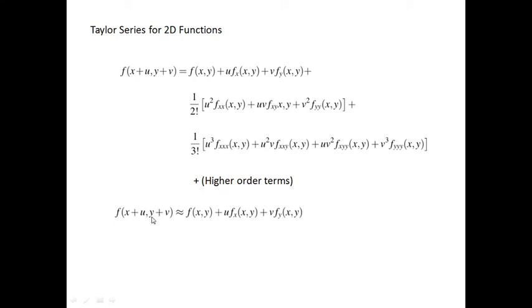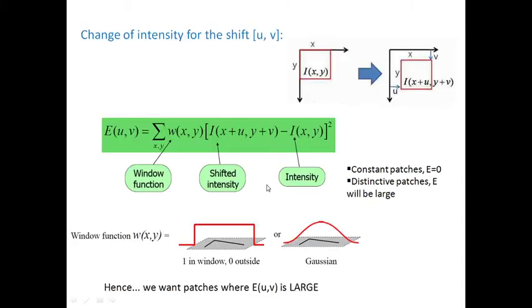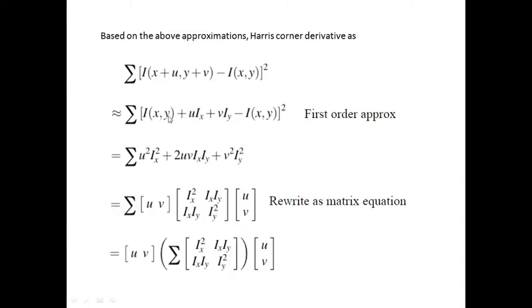Now just substitute this expression in the given form. So I of x plus u comma y plus v can be written as I of x comma y plus u Ix plus v Iy, minus I of x comma y, whole square. This is based on the above approximation.